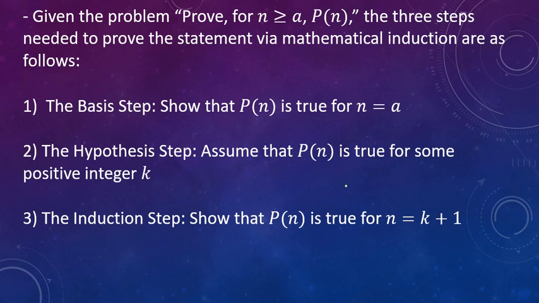And always in the induction step, you're always going to be using your hypothesis. You're always going to be using that statement that you've assumed in the second step, in the hypothesis step. And you always use that pretty much right off the bat.